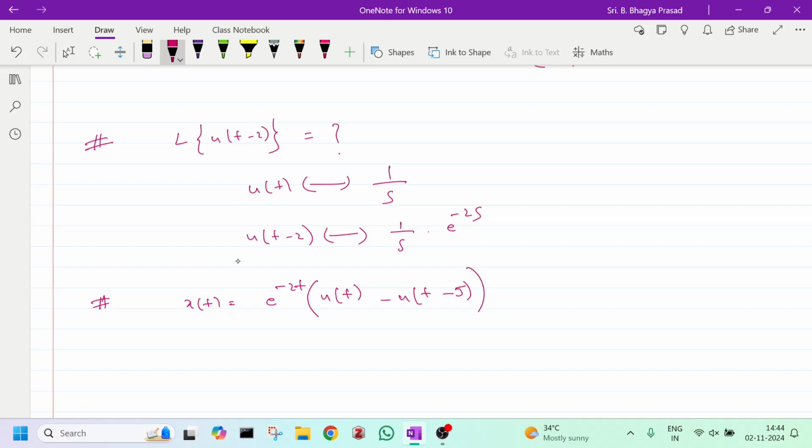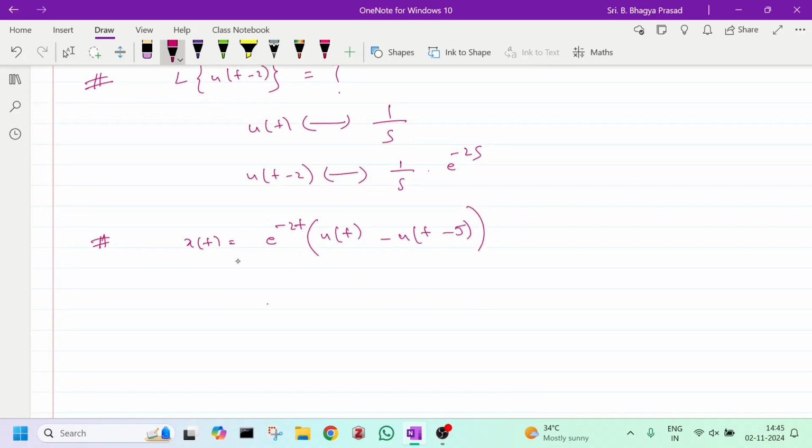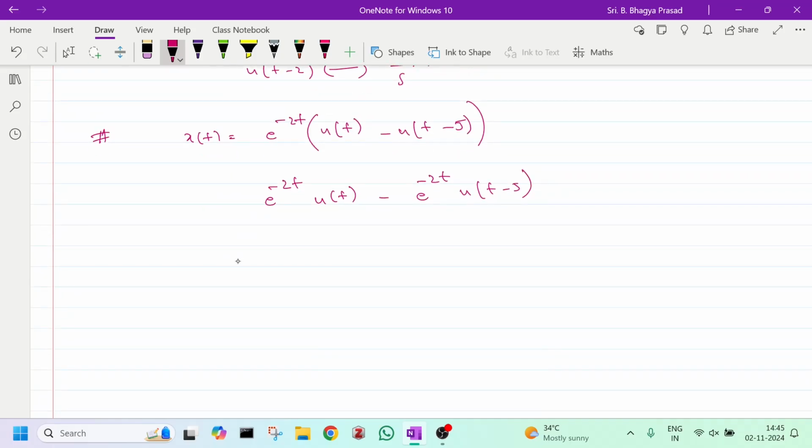Okay, so rewriting the expression, e power minus 2t u of t minus e power minus 2t u of t minus 5. So by using the standard transform pair, you can see this 1 by s plus 2, and the ROC is sigma greater than minus 2.